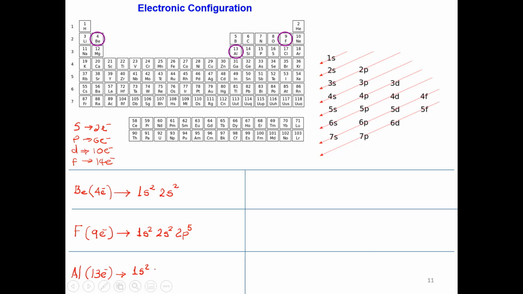Then we have 2s2. Then, from here in this direction, we have 2p6. We need 3 more, because 2 plus 2 is 4, plus 6 is 10. Then we need 3 more. Then 2p6, 3s2.